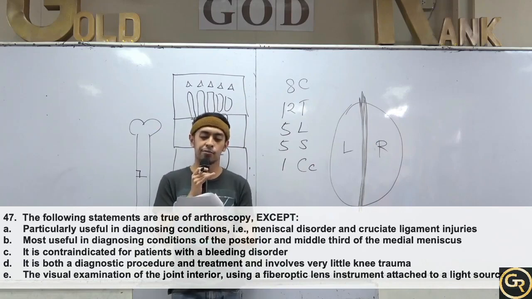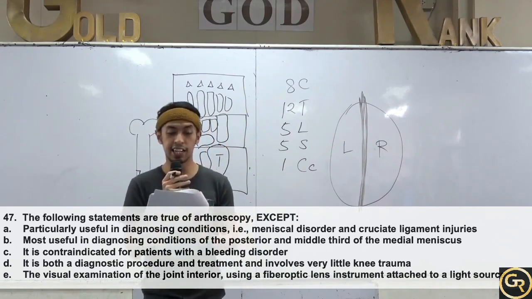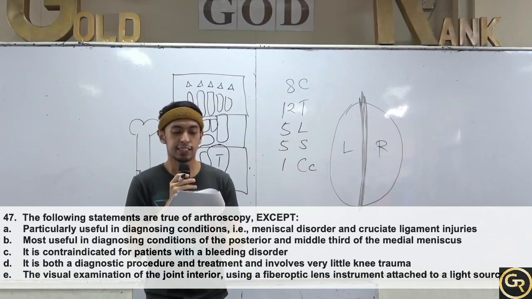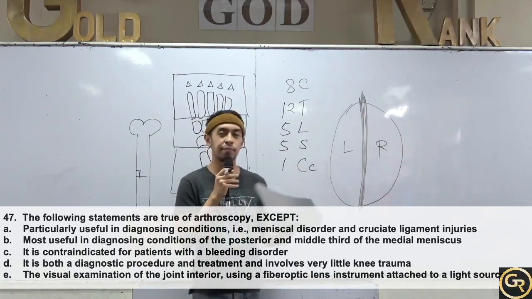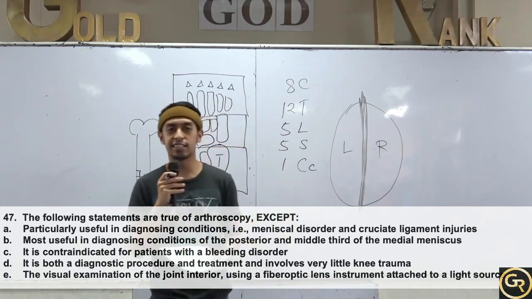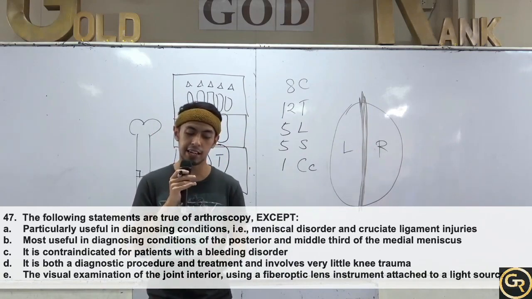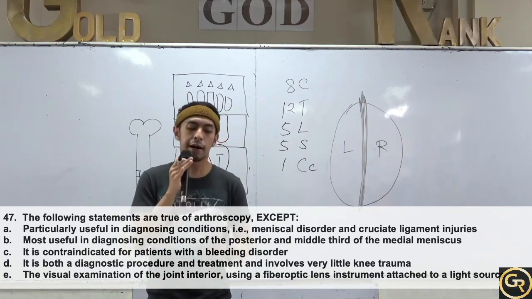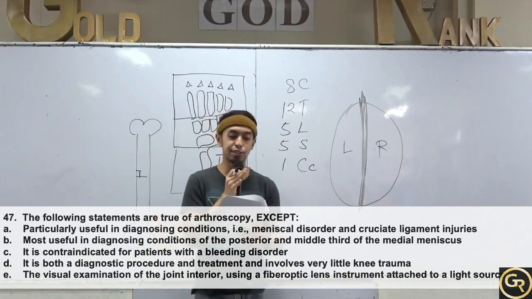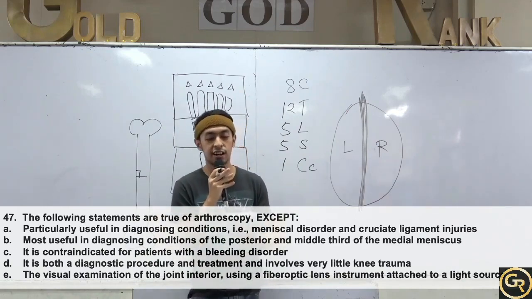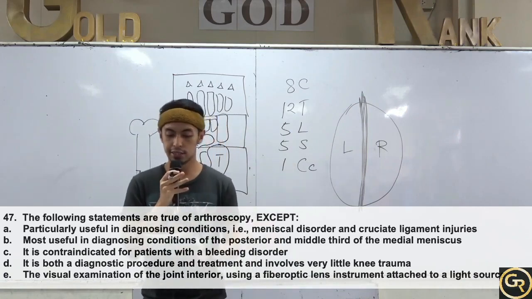Now, we're only left with your letter B and your letter D. This is tricky because there may be some possible answers we can think of. Letter B says most useful in diagnosing conditions of the posterior and middle third of the medial meniscus.